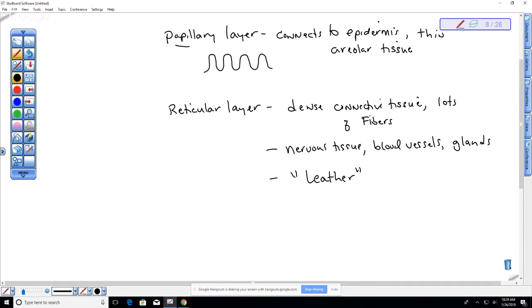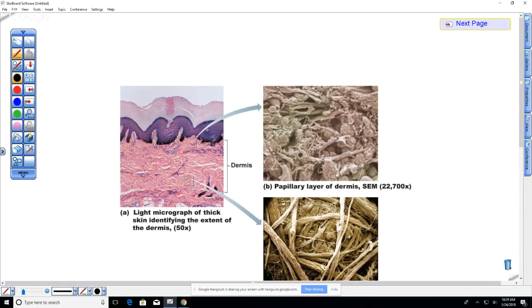Okay, so if we look at a picture of this, so here, this would be the epidermis right here. So this is the outermost layer. And why do you think that the basal layer is dark color? What are the types of cells that are in this dark color? So this is the basal layer right here. Melanocytes, right?